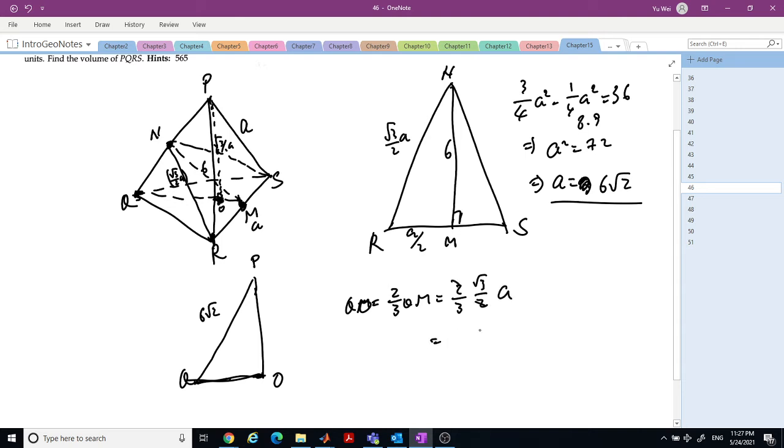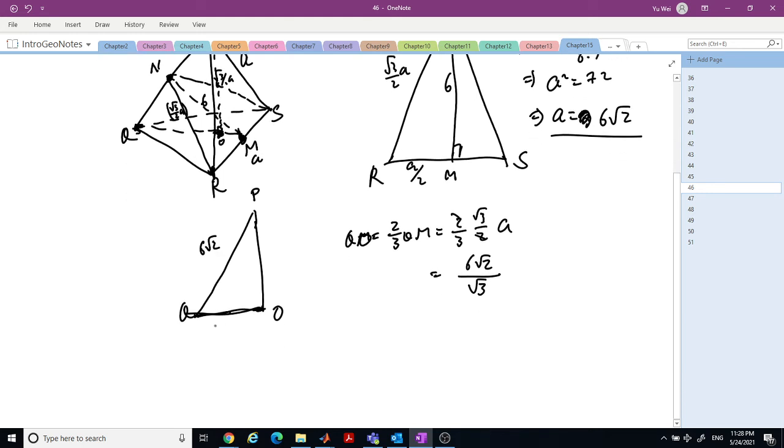So that's why QO is root 3 times a over 3, which is 6 root 2 over root 3. Then you can solve this, right? So this is the height, 6 root 2 over root 3 squared subtracted from 6 root 2 squared, giving the height.